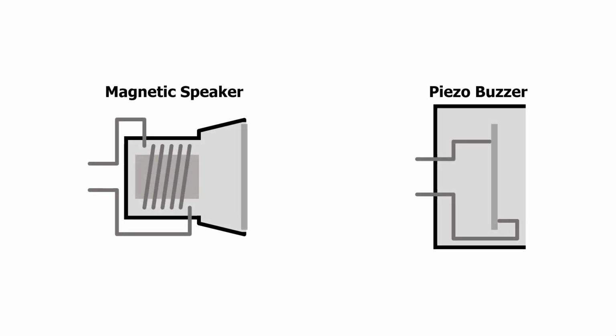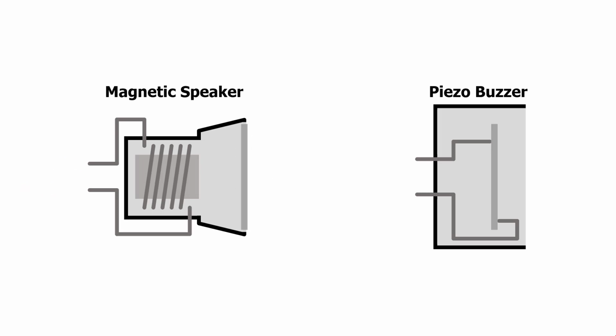Now, how is a piezo buzzer different from a normal speaker? Well, normal speakers work off the principle of magnetic fields. When electricity passes through a coil of wire, it produces a magnetic attraction that pulls the membrane towards it. So, by quickly turning on and off the electricity, we can create a vibration that produces sound.